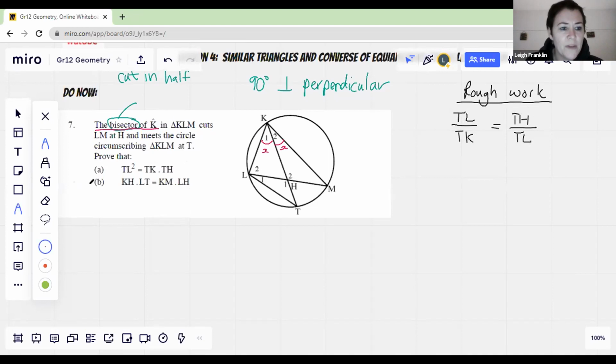Is everybody cool with that? You see where it comes from? So TL squared comes from multiplying numerator and denominator this way. And TK times TH comes from multiplying denominator and numerator this way. Thumbs up, thumbs down, how are you feeling? Does it make sense? Does it make sense, Matrix? Really clear? Cool, thank you.